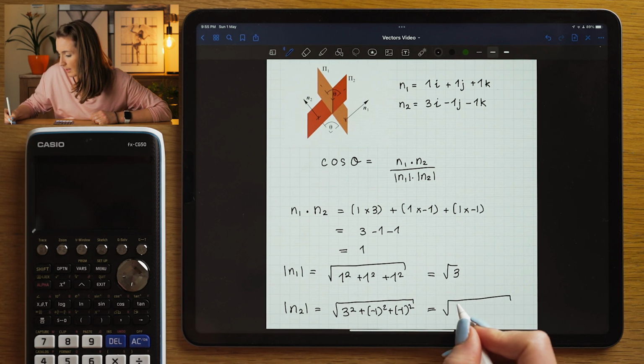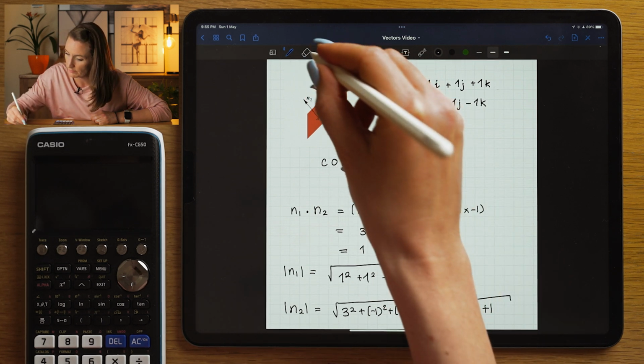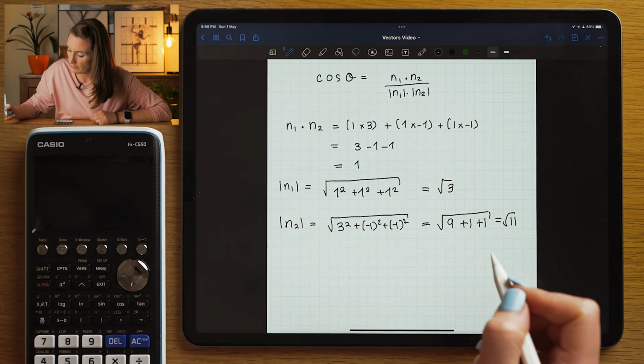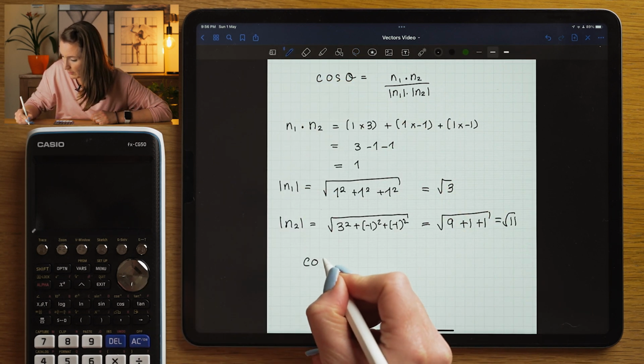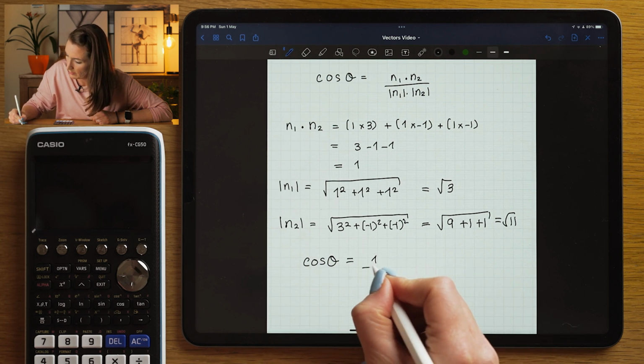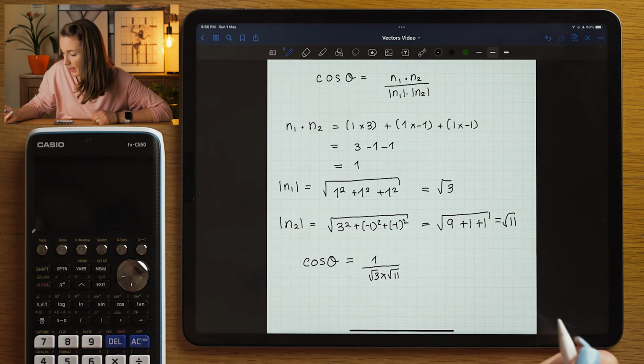So this is going to be 9 add 1, which is square root of 11. What I'm going to do now is substitute all of this into my formula. Cos theta is equal to 1 divided by the square root of 3 times the square root of 11.